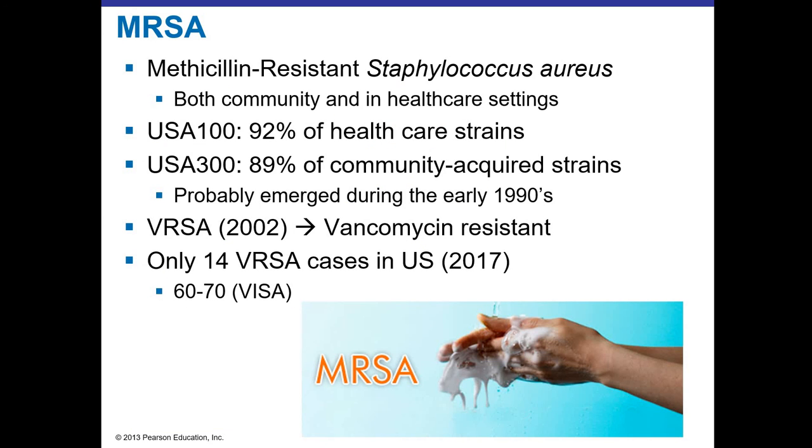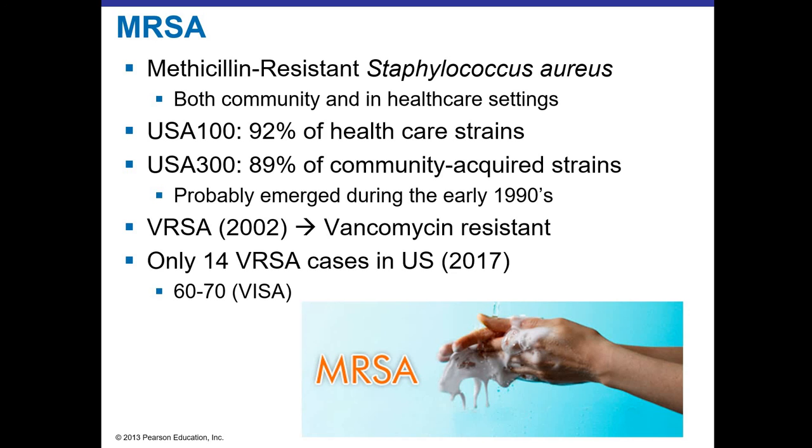What has been on our radar has been the MRSAs, the methicillin-resistant Staph aureus. When things became penicillin resistant, we started to look for these others. Methicillin was great when it first came out, but then starting in the 60s, we started to see the methicillin-resistant Staph aureus. For a while, they weren't really increasing, but starting in the 80s and definitely in the early 1990s, we started to see major emergence of methicillin-resistant Staph aureus.